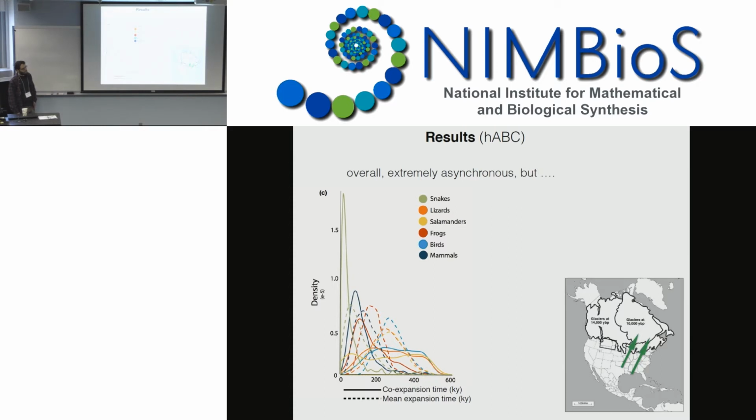Some of those might be where you'd expect a pollinator and a plant to go together, unlike a snake that may not necessarily be interacting with a bird, so there's no reason why they should be expanding together. Where we know there are likely to be stronger species mutualisms or predator-prey interactions, things like that.